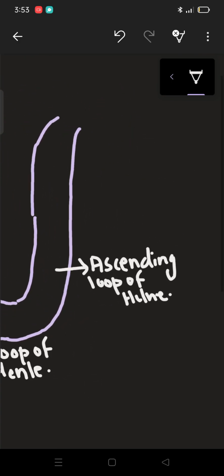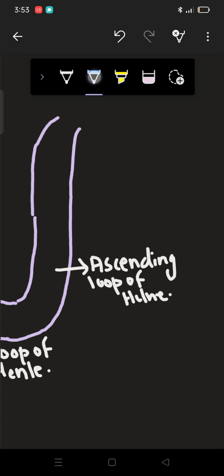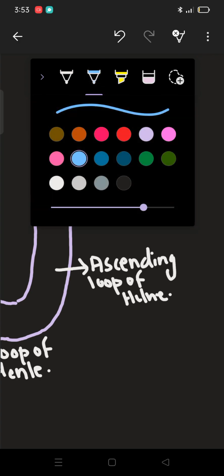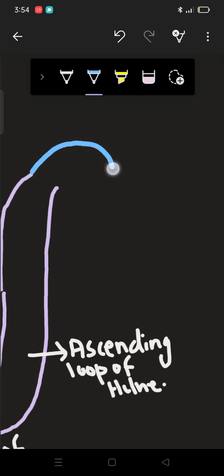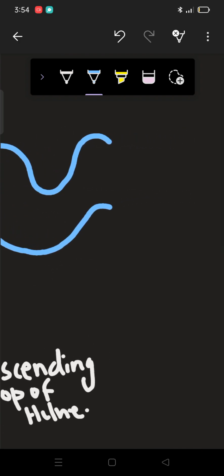Now we are going to make the distal convoluted tubule. I am making that with the same color. So here I have the distal convoluted tubule.